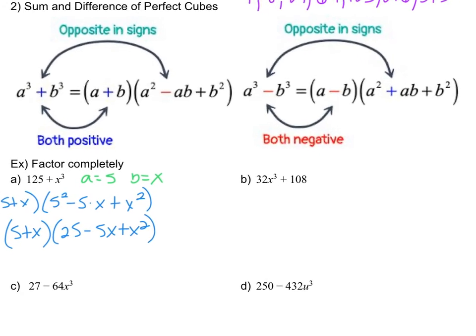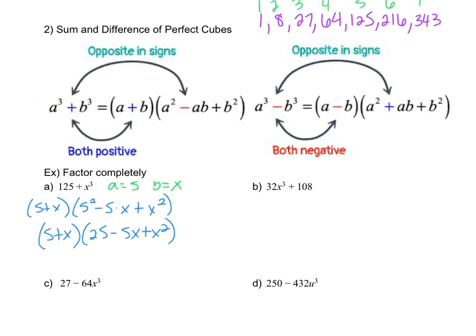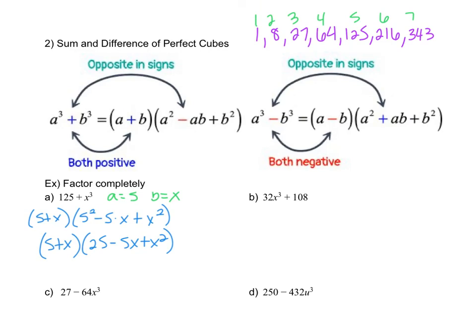Okay, so this next one also has a plus sign, so we're going to use it. Let's identify the a and b. Well, hold on. Those are not perfect cubes. What do we do? Let's think about it. Well, if you divided this one in half, you would get 16, so that won't work.